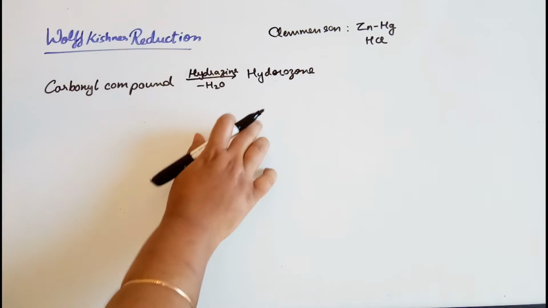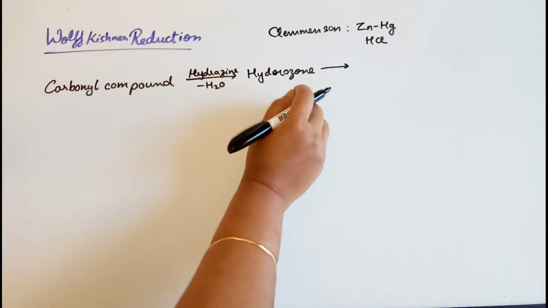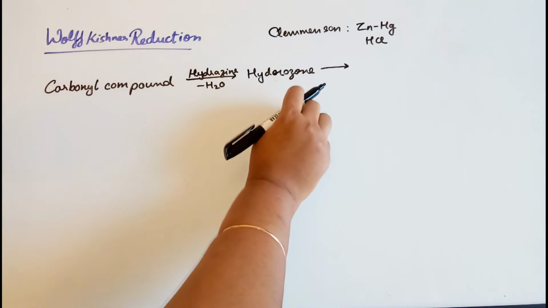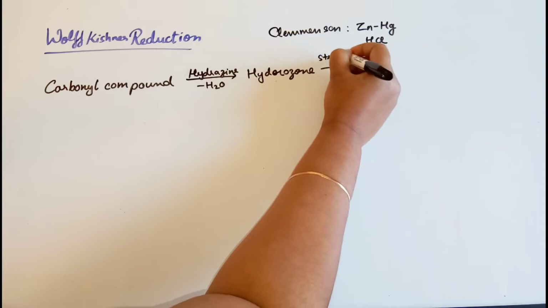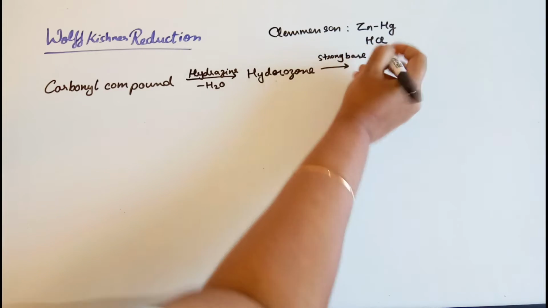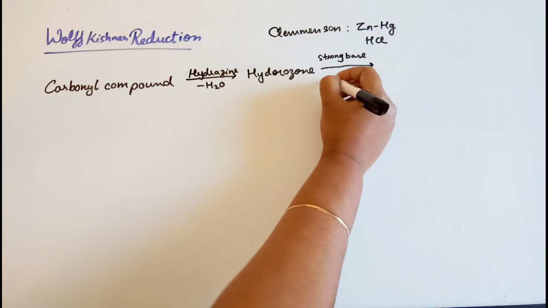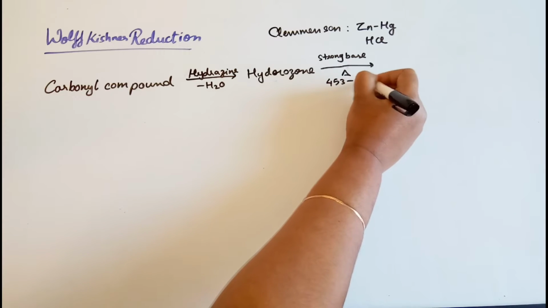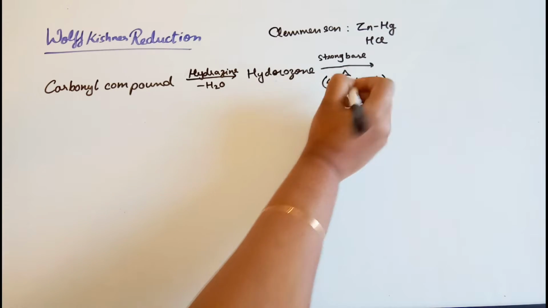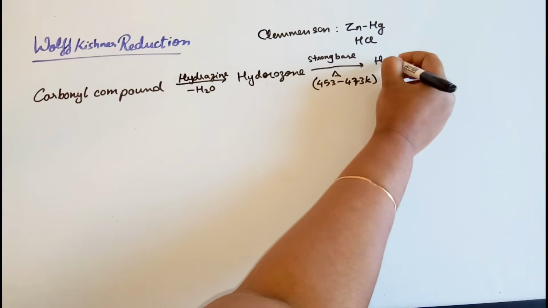And this hydrazone is going to react with a strong base and is heated to 453 to 473 Kelvin to give us a hydrocarbon.